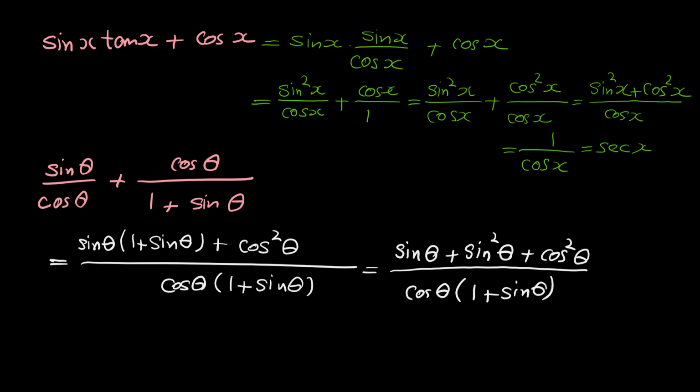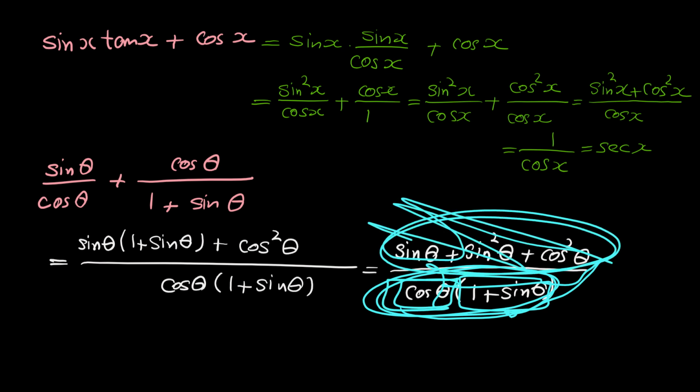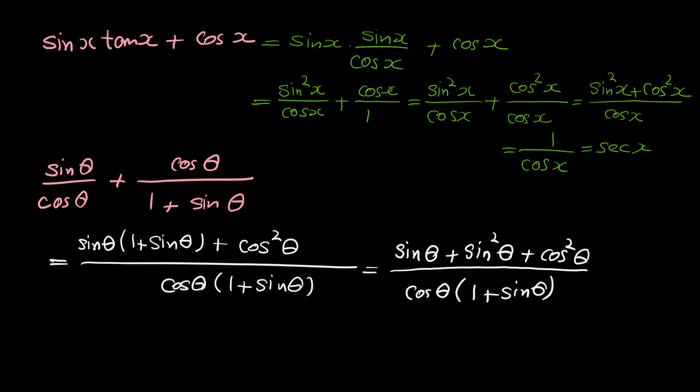Because, attention, we prefer to have the denominator in factored form because we hope that we can find one of these factors in the numerator, then we can cancel that common factor with the denominator. So usually it's not a good idea. Not always, we don't have a general rule, but usually it's not a good idea to multiply these two by each other.